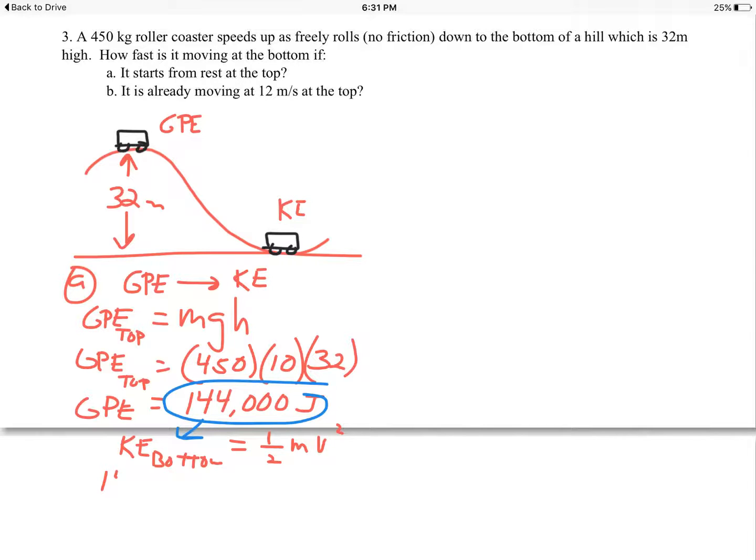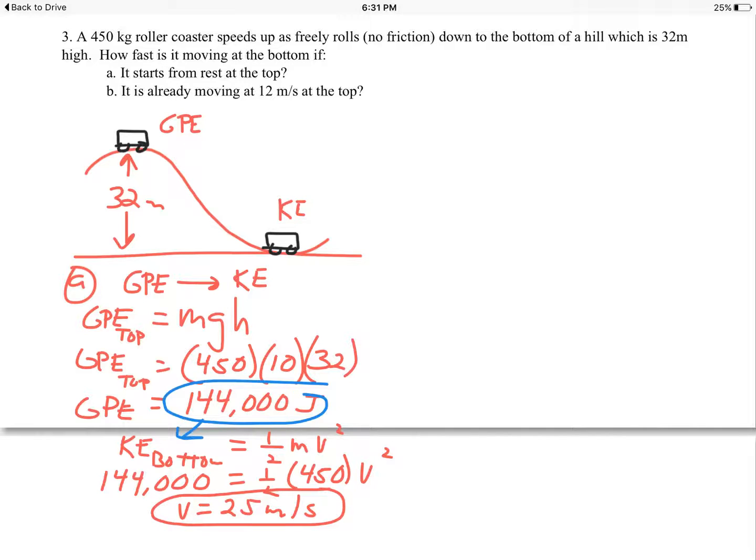So I'm going to have 144,000 joules equals 1/2 times the mass, 450 kilograms, times v squared. If you do the math here, v comes out to be 25 meters per second, which is over 50 miles per hour, which is pretty fast in a roller coaster.